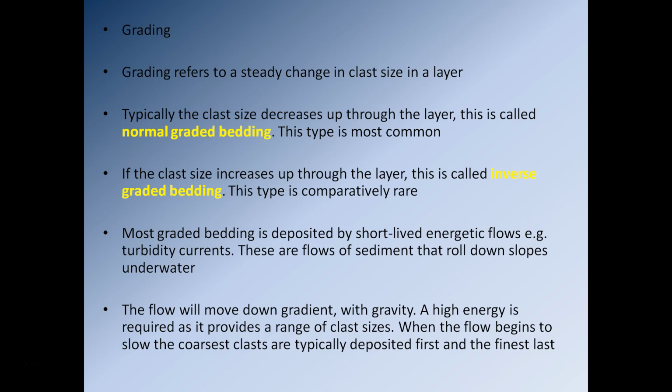Then as the flow continues to lose energy, it then has to dump the medium sands, then the fine sands, and then eventually it starts depositing the silts, and then finally the clays. So essentially what you're seeing there is these normal and inverse graded beddings are caused by a flow, relatively short-lived typically, and that flow will slowly lose energy, and that will cause the sediments to be deposited in a set order.